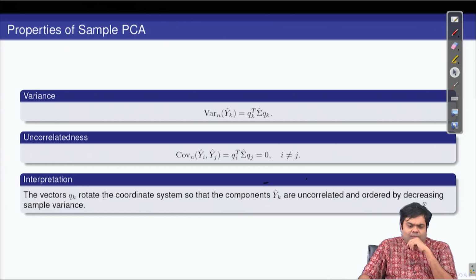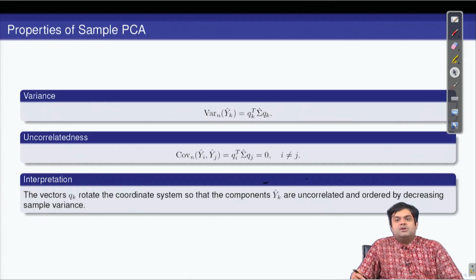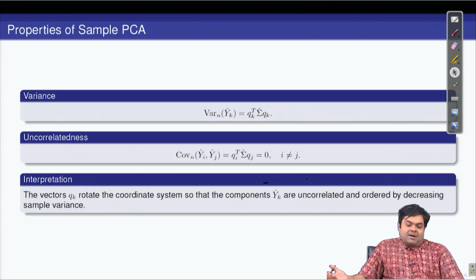So, the variance of y_k will be just q_k transpose sigma hat q_k, and the covariance between y_i and y_j will be 0. We will choose q_i and q_j to be orthogonal, and these are going to be the eigenvectors corresponding to sigma hat. So, sigma hat q_j will be the jth eigenvalue times q_j.